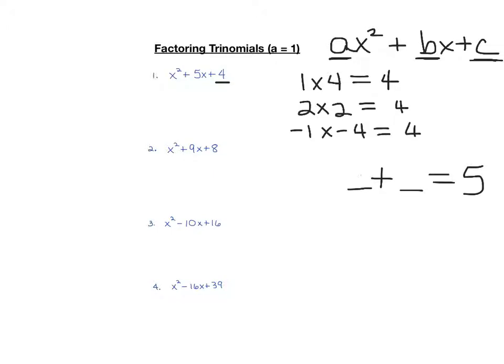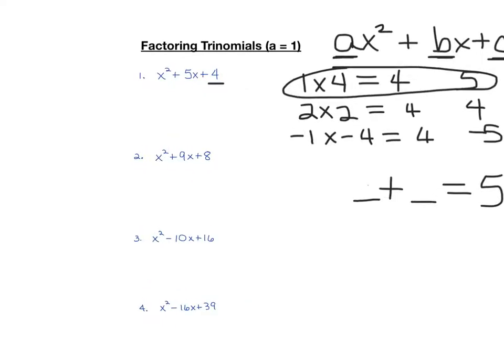The first one, the second one, or the last one? Kimberly? The first one, because when I add 1 plus 4, it's 5. 2 plus 2 is 4. And -1 plus -4 gives me -5. So the factors that I'm going to use are +1 and +4.